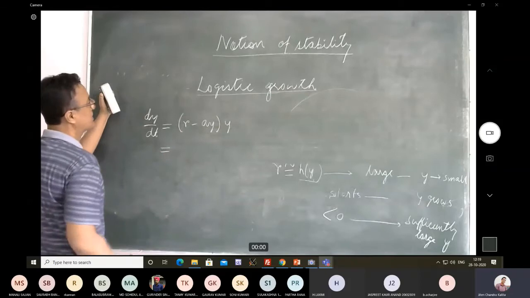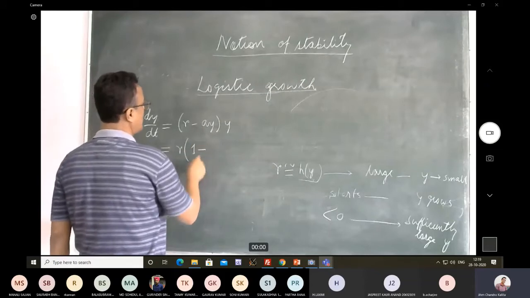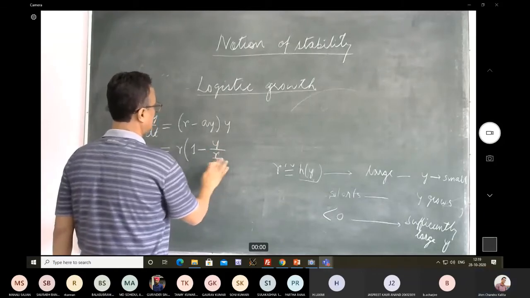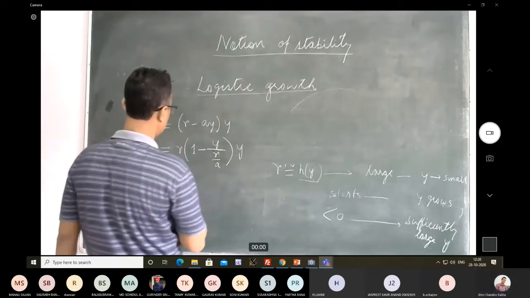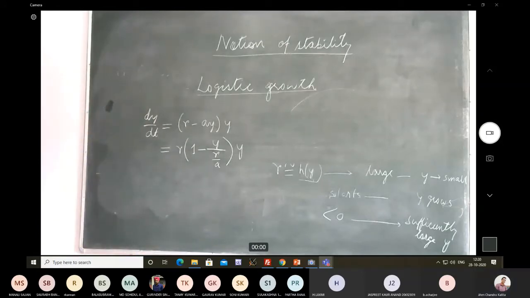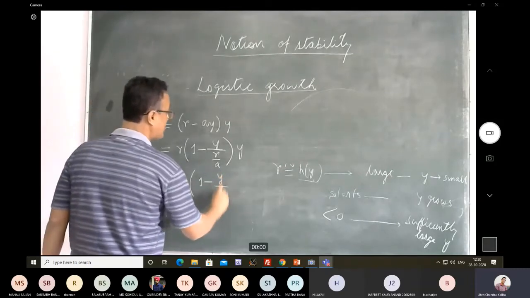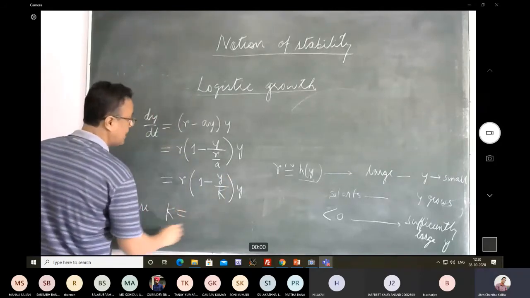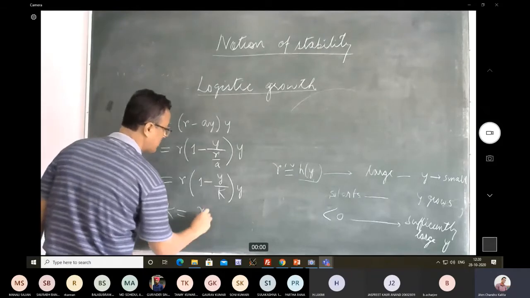This can further be written as r into (1 minus y by k) into y, where k is a constant given by r by a.